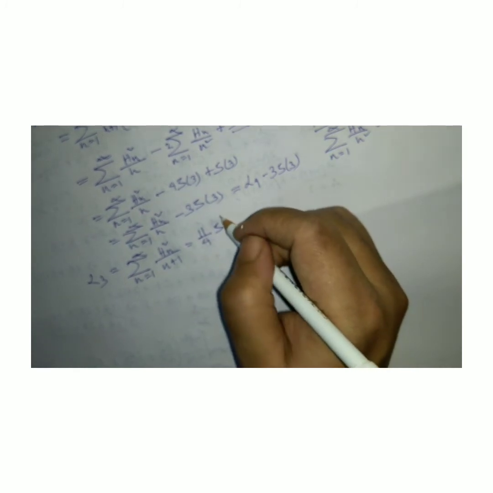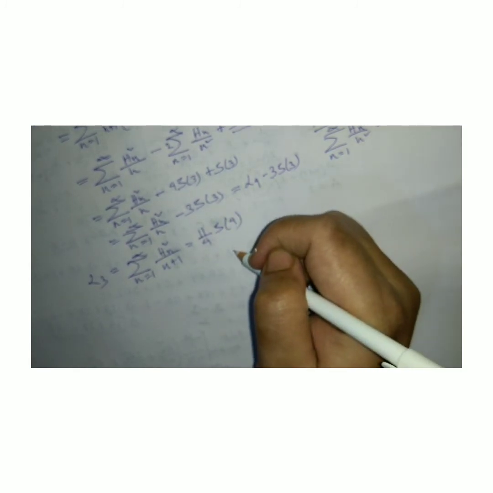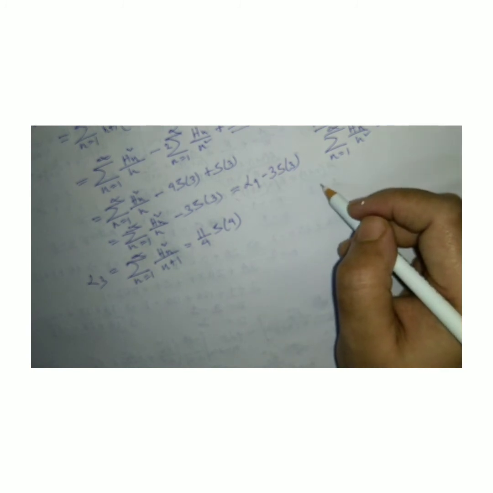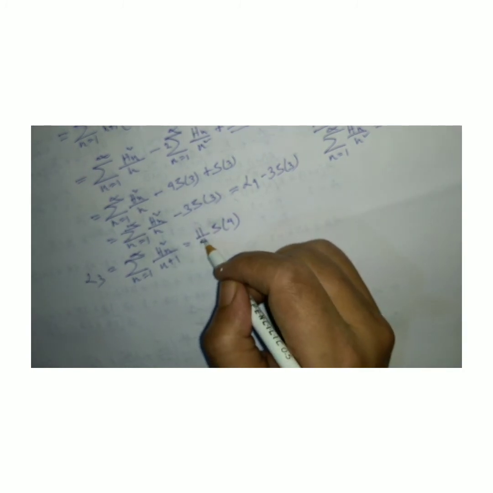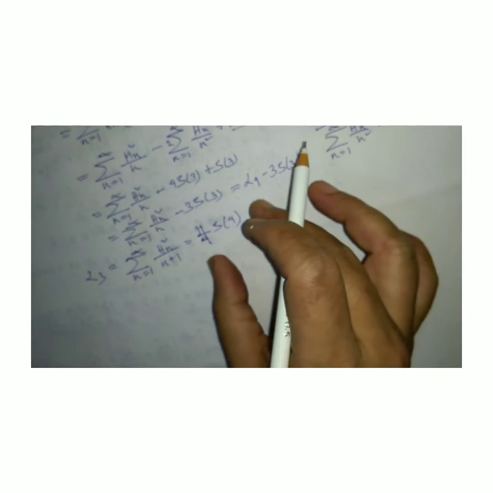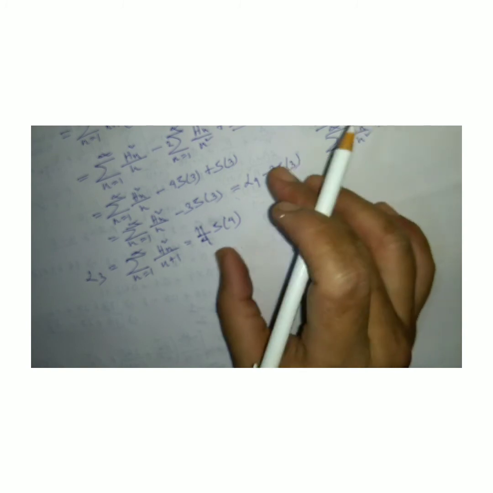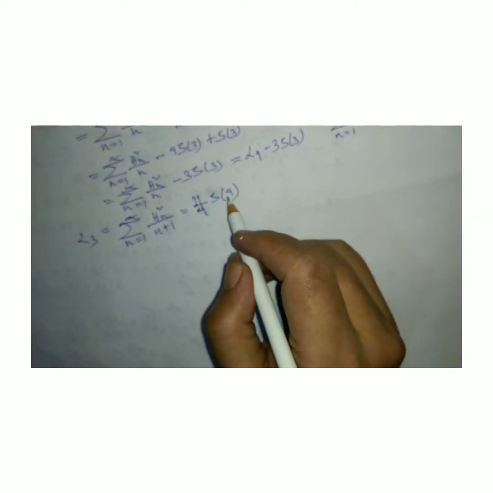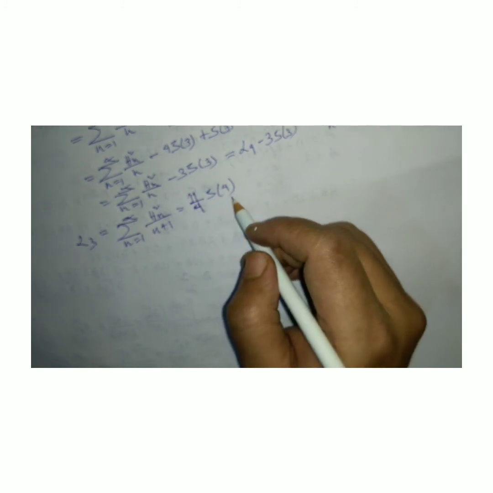Friends, you can get this value from Wolfram. Otherwise, you have to remember this value, because all are derivations, all can be derived. We can derive everything, but we need to know this derivation's value, zeta 4.